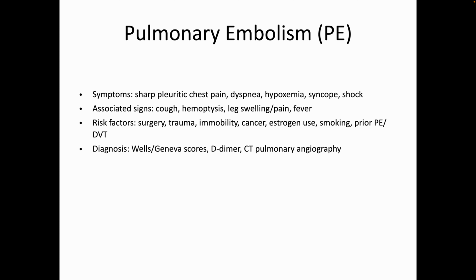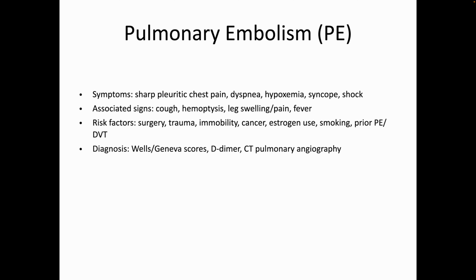Risk factors would include someone who's had a previous surgery, someone who is a cancer patient, or taking oral contraceptives, or someone who's had a previous DVT or pulmonary embolism.